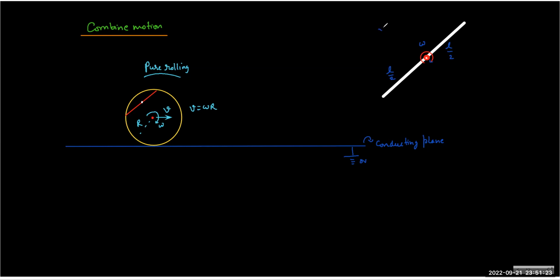Okay. So with respect to the center, the EMF of A will be how much? E of A with respect to O is half B omega (L by 2) square. Yes, sir. And it is the same for half B omega BO. Yes, sir. So what is the AB?